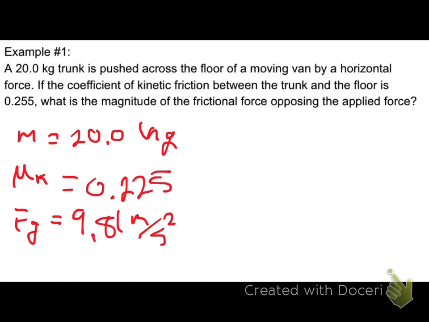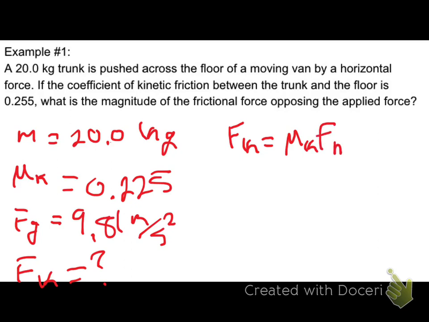And what we're trying to solve for is the force of kinetic friction. We don't know that one. So we can use the equation: force of kinetic friction is equal to the coefficient of kinetic friction times the normal force.